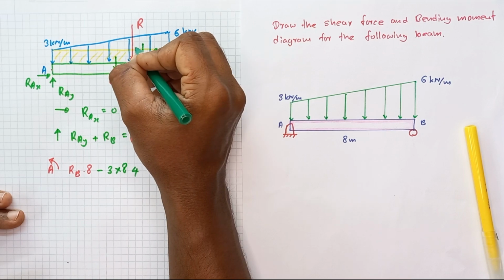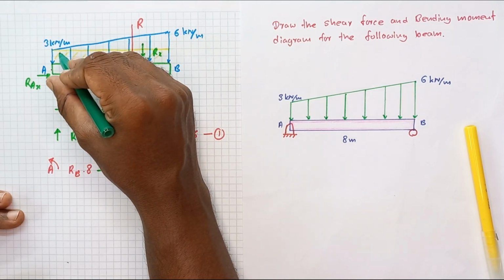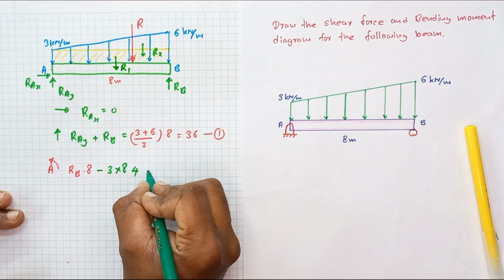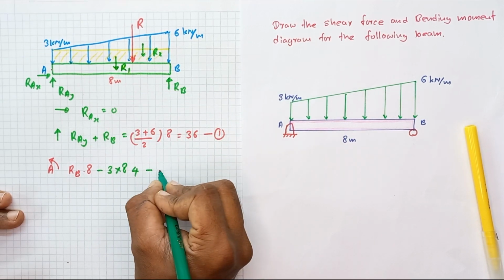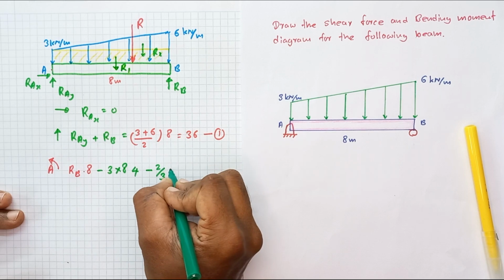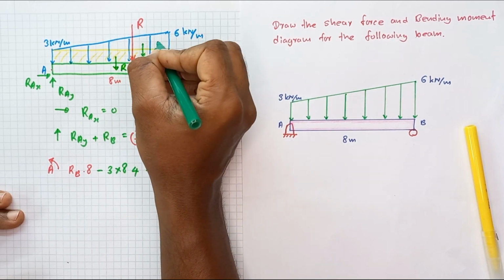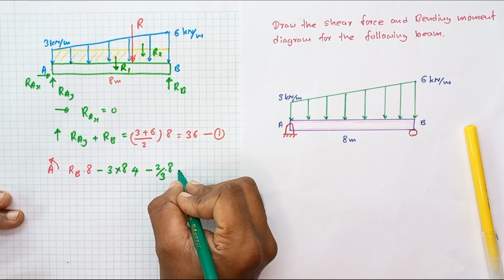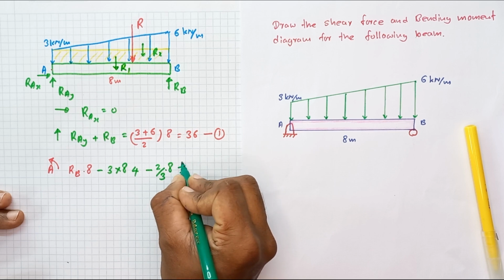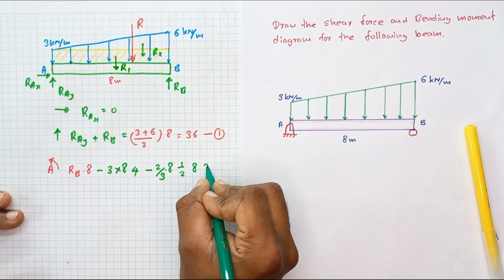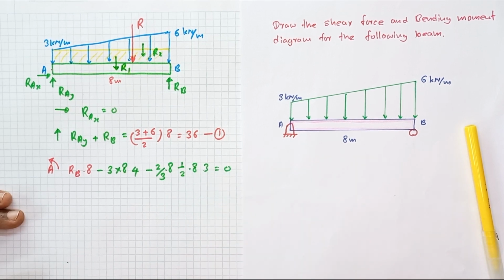Then the moment produced by the force from the triangular section is also minus. The distance is 2/3 into 8. Area of the triangle is half into base 8 into height 3, equal to 0.